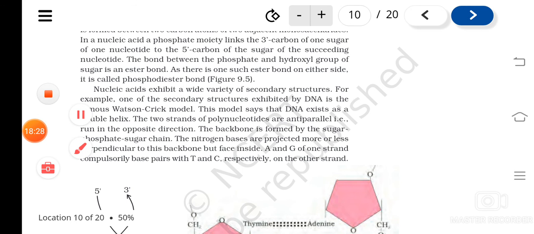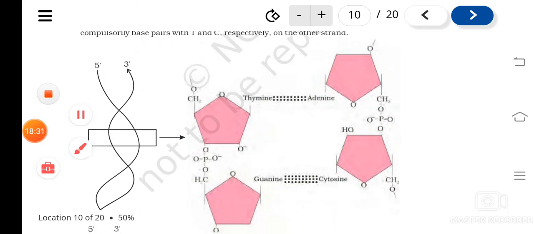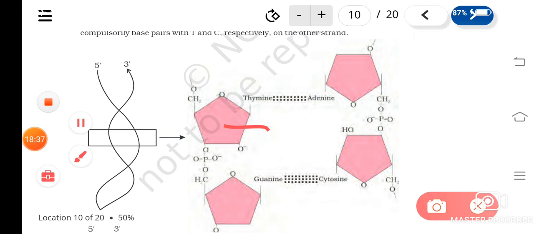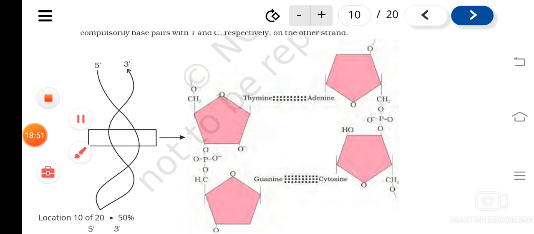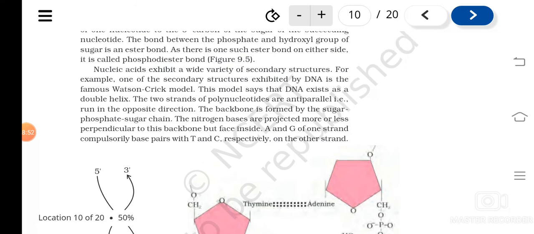I told you a nucleotide consists of a sugar, a phosphate group, and a nitrogen-containing molecule, isn't it?